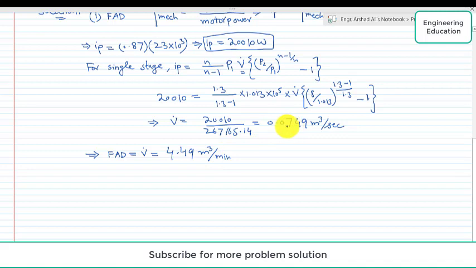We multiply 0.0749 by 60, so we get the value of 4.49. This value we got from 0.0749 into 60.